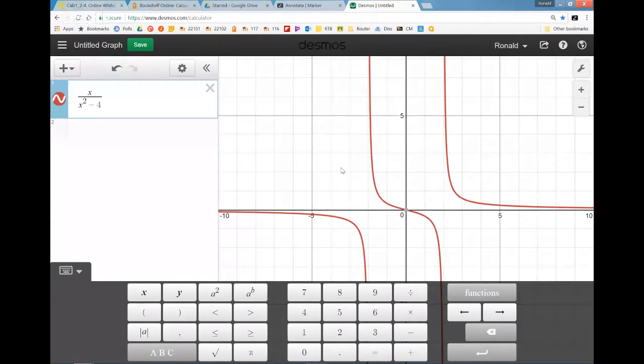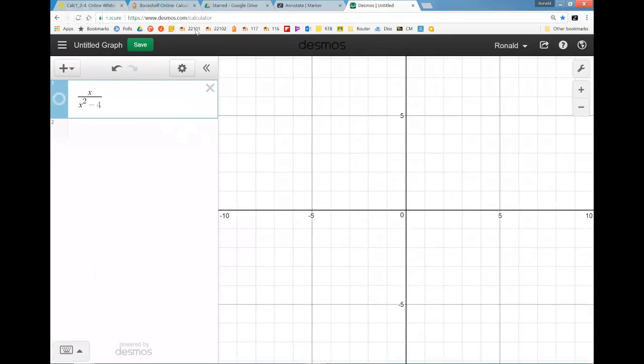And you can see that at -2, we have an asymptote here, an infinite discontinuity. And over here at +2, we have another infinite. So that creates an infinite discontinuity.